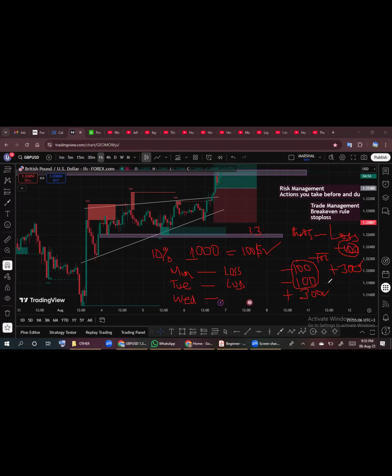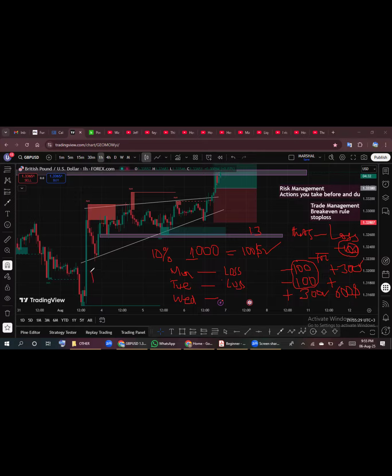But with these 2 trades, he made $600, right? So at the end of the week, he still made $300, because half of it is covering for the loss he made for that week. So at the end of the day, he's still a profitable trader.